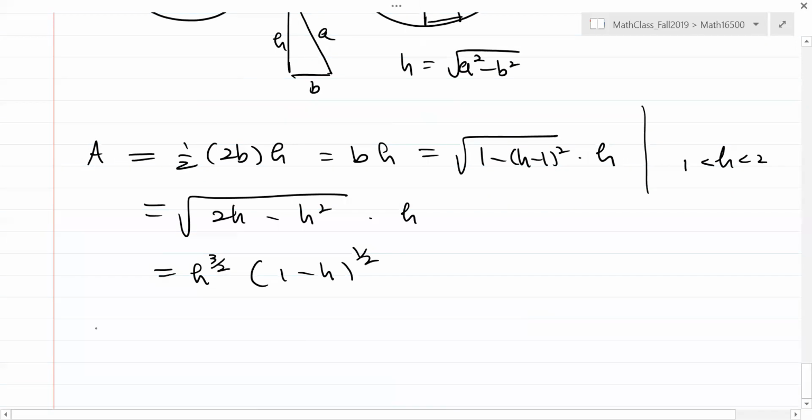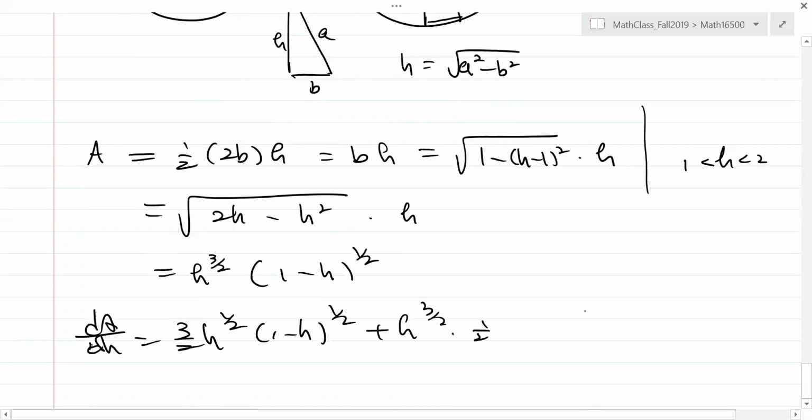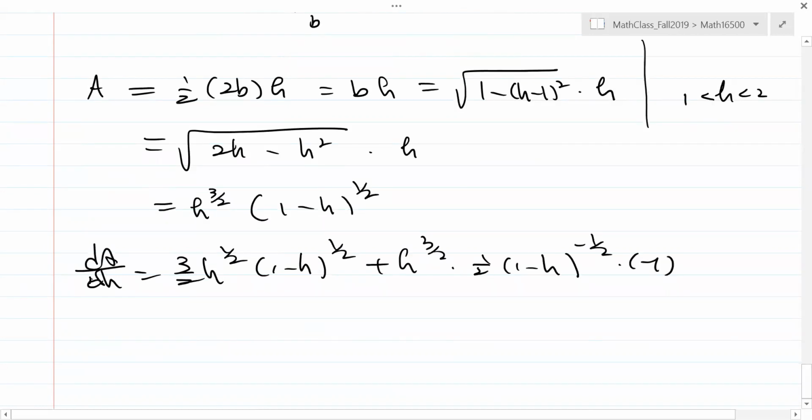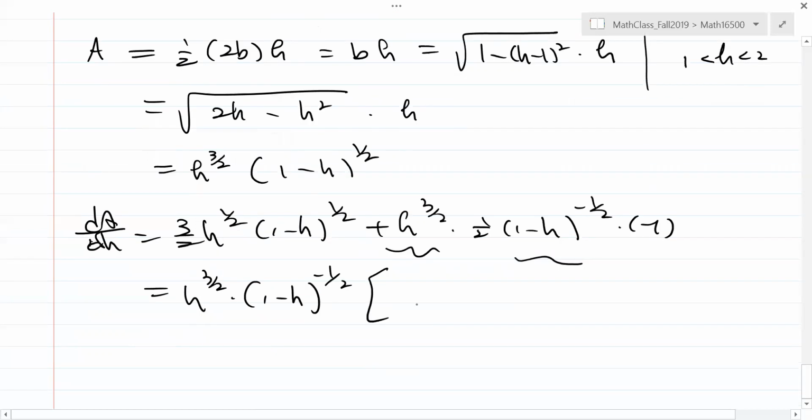And let's find the critical value. I need to take h out. So what I'm going to do is take this out, take this out. So I will get h to the 3 over 2, (2 minus h) to the negative 1/2, and that's simplified. I will get, no, take 1/2 out.